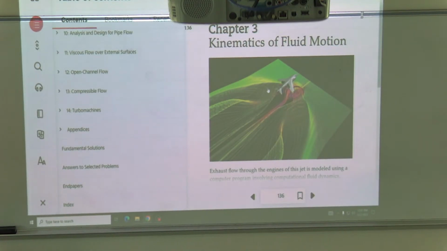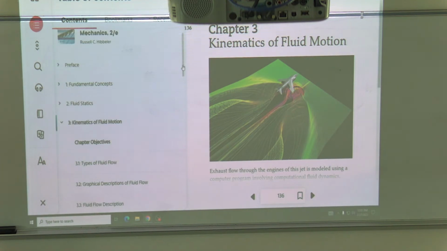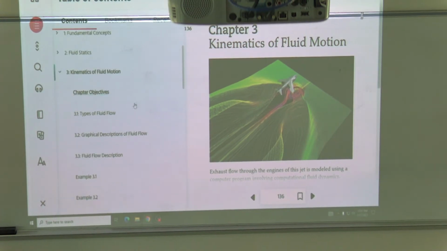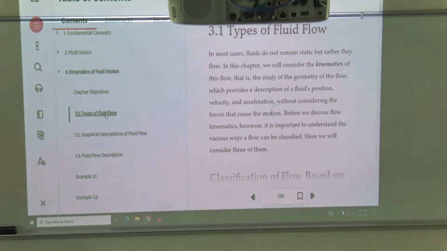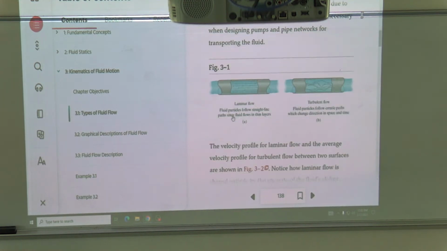Okay, so this is kind of a strange chapter in an interesting sort of way. He starts talking about the different types of fluid flow.